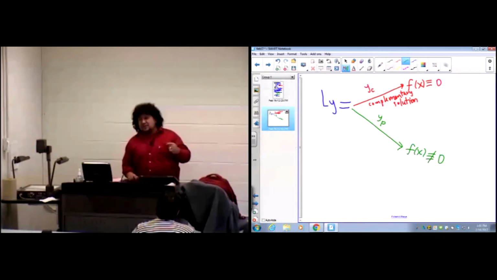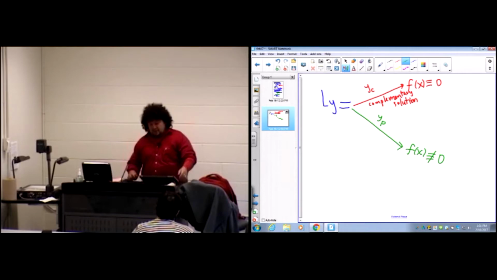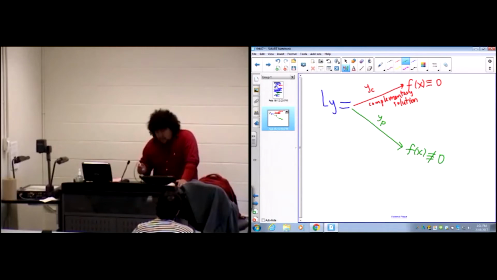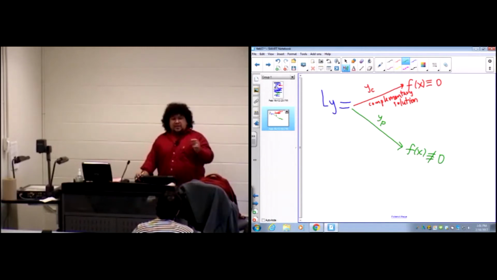That L of y for that particular function y is equal to f of x. That function may be one specific function. It doesn't necessarily mean that it is the general solution. If we manage to find one such function, we're going to call it y sub p, because this will be referred to as a particular solution.